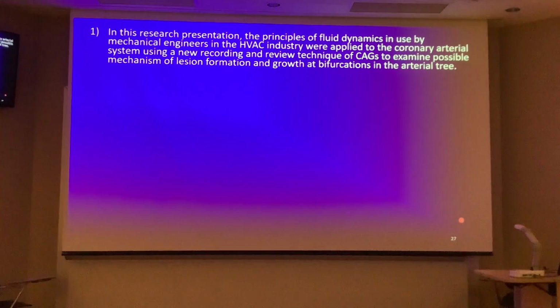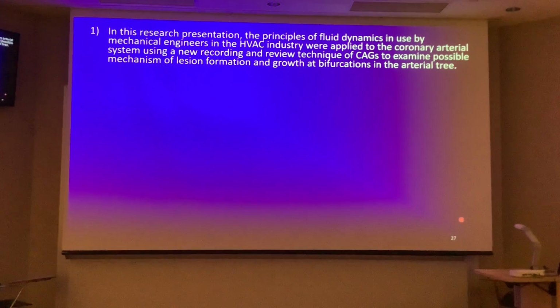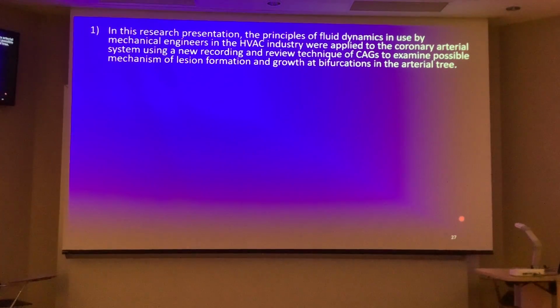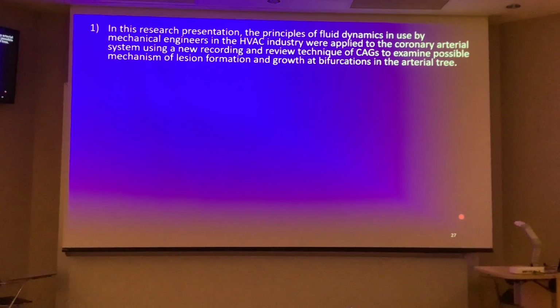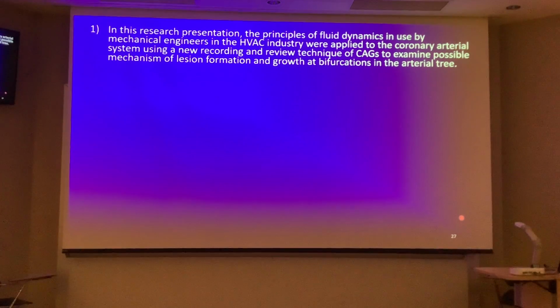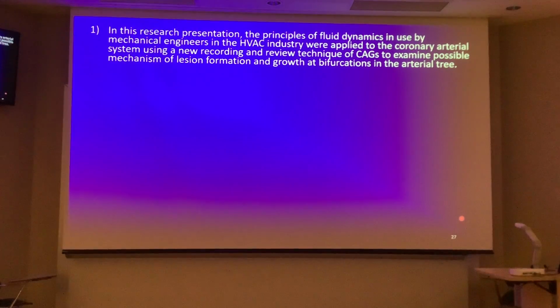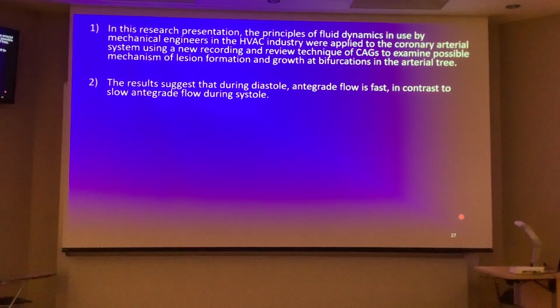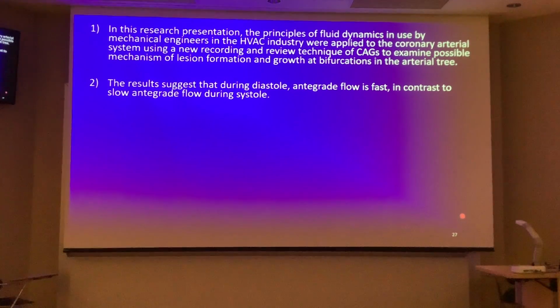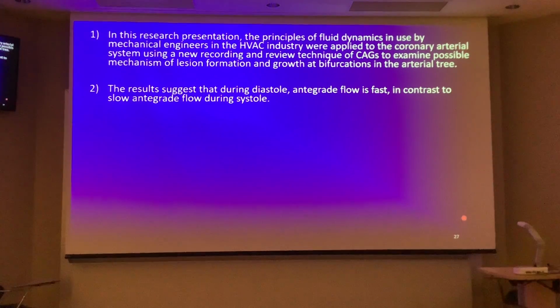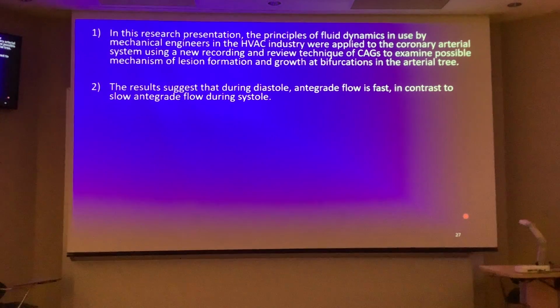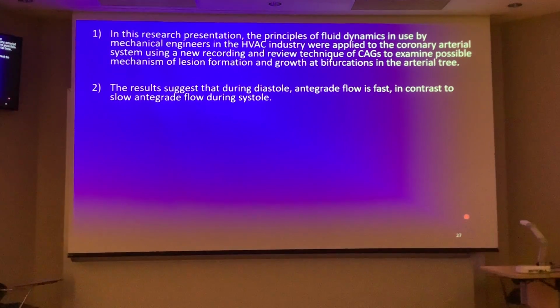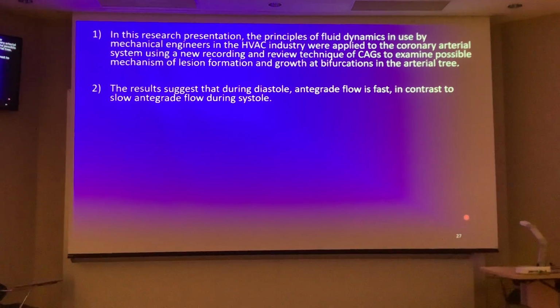What do we conclude? What this research presentation suggests is that we can use principles from fluid dynamics in the HVAC industry and apply them to the coronary arterial network to observe the flows using a new technique called dynamic coronary angiography. The results of this study suggest that during diastole, antegrade flow is fast, it's rapid, in contrast to slow antegrade flow during systole.